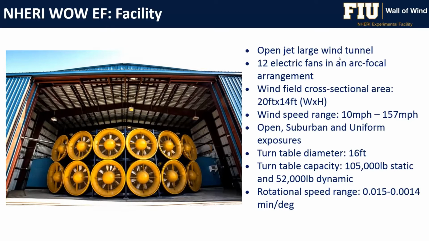We have a wind speed range of 10 to 157 miles per hour. And we wanted to achieve the 157 because that marks the category 5 hurricane wind based on the Saffir-Simpson scale. We can do various atmospheric boundary layer generation using our flow management system. We also have a turntable, 16 feet in diameter, which can test models for various wind directions.